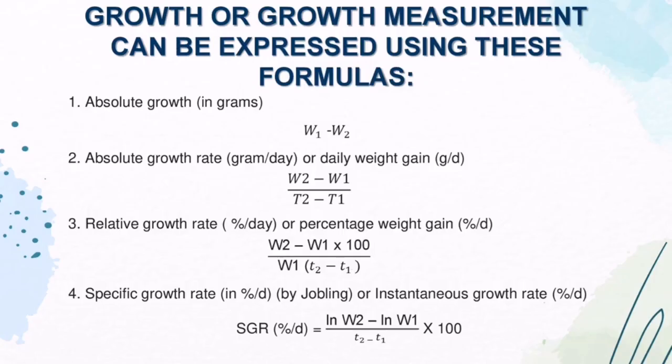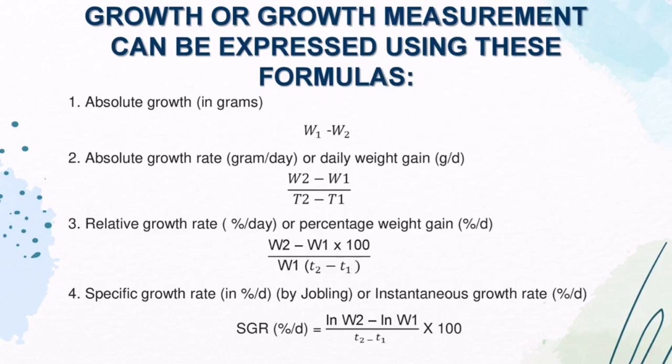Now, growth or measurement of growth can be expressed using these four common formulas. I will briefly introduce these four formulas first, then tackle, discuss, compute, and give examples for each of these formulas. The first formula is the absolute growth, wherein the weight, or the symbols W1 and W2, are expressed in grams, and the second formula is the absolute growth rate.